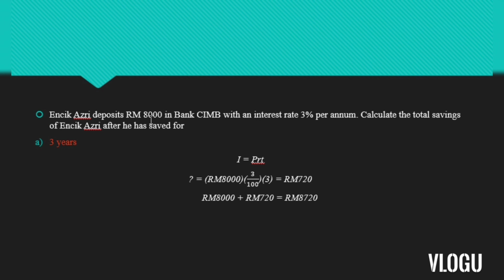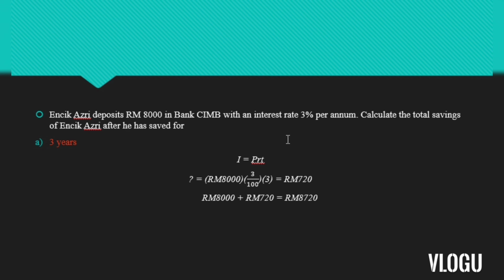So for this question, Encik Azri deposits 8,000 ringgit in bank CIMB with an interest rate of 3% per annum. Calculate the total savings of Encik Azri after he has saved for 3 years.